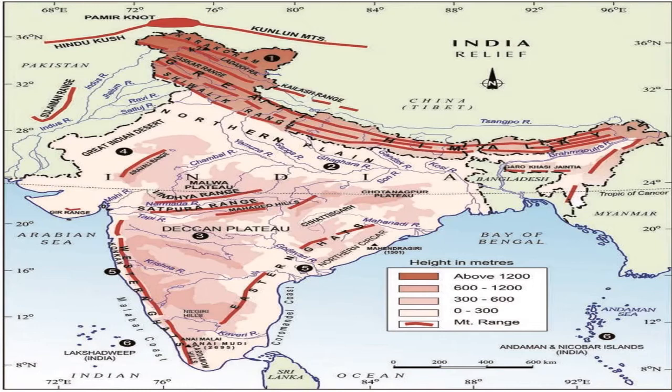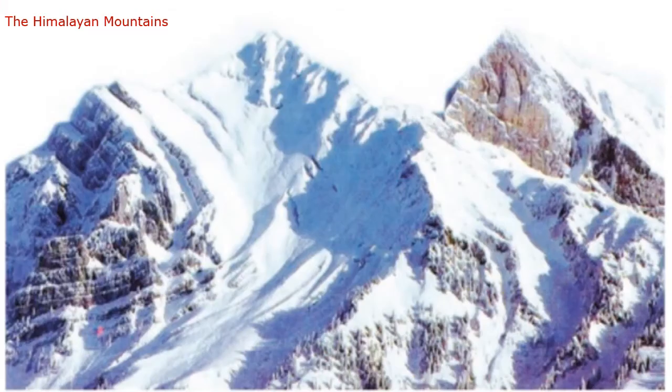So whenever we have a doubt, you can look at this physical map of our country so that you can have a clear glance of how our landform is. So first we'll go to the Himalayan Mountains.